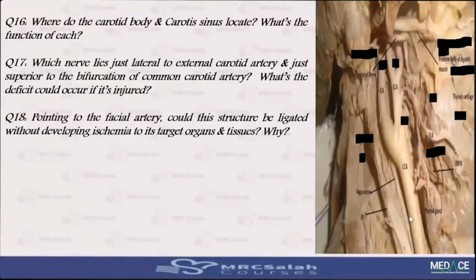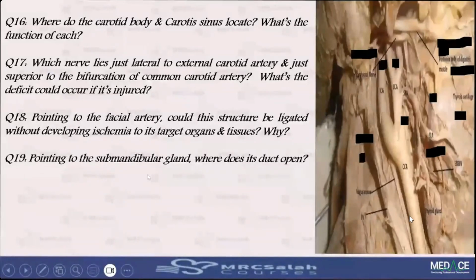Could you give an example of these anastomoses? There is direct communication between the ophthalmic artery, which is a branch of the internal carotid artery, with the facial artery, which forms one of the anastomoses between the external and internal carotid artery, along with the network of anastomosis between the branches of the external carotid arteries on both sides.